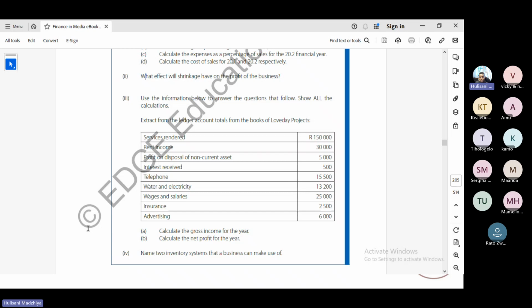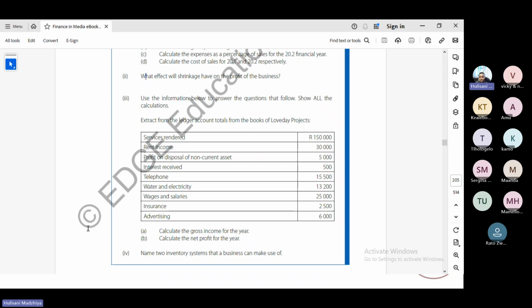On the first one, there's some information missing, meaning that you just put a 0 on the information missing. If you remember during class, I mentioned that a company can either be in a business of rendering service or in a business of selling product. If it's selling product, you are going to have sales and cost of sales. If it's rendering service, you're going to have services rendered income and services rendered cost.